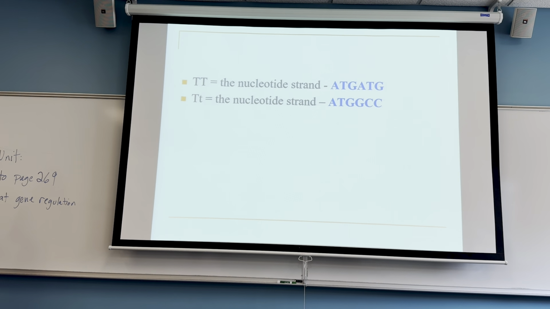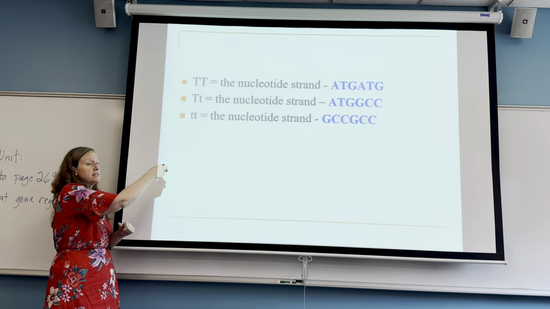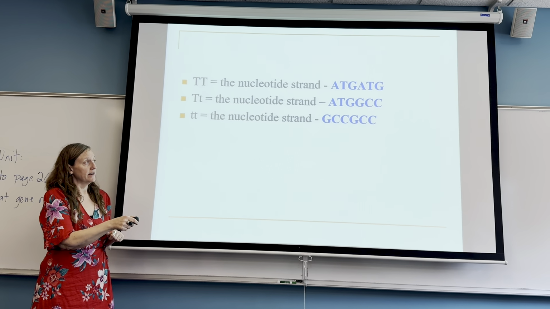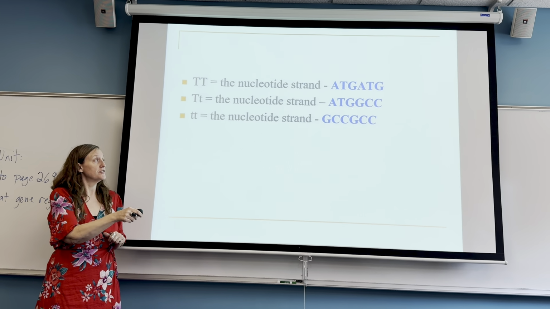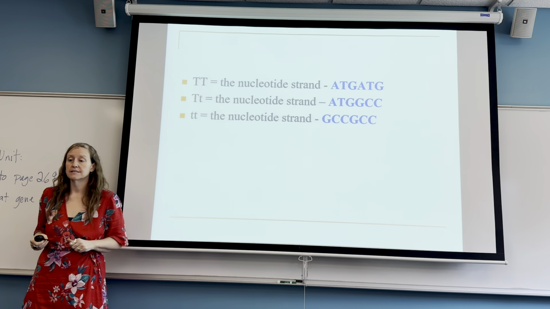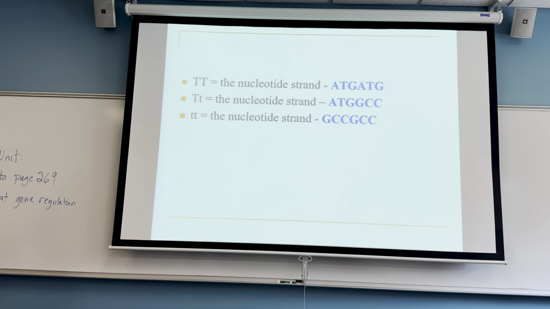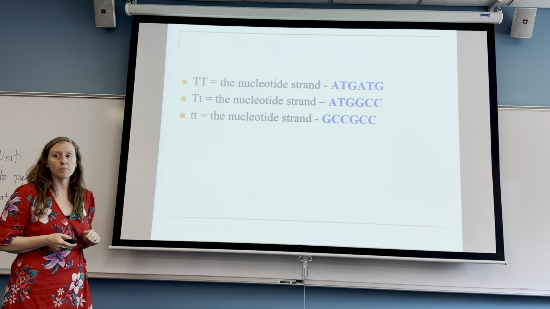And if you are homozygous recessive and show the recessive trait, you are little t, and each little t is represented by a GCC followed by another GCC. So taking what we talked about in the last unit and synthesizing it down to what the actual nucleotides are saying, this is how we connect that information together.